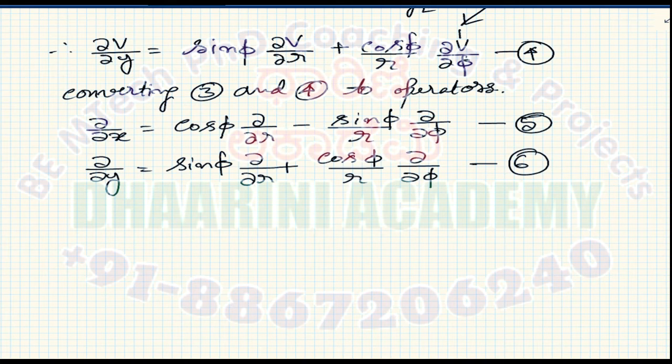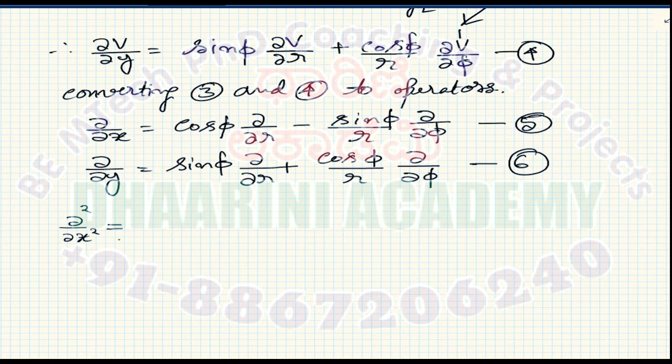We'll use equation number 5 to calculate ∂²/∂x². Because this is one part of our Laplace equation, which is ∂²v/∂x² plus ∂²v/∂y². We'll calculate it term by term as an operator, because the Laplacian is an operator.